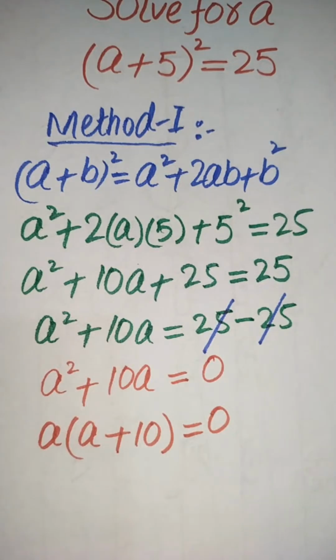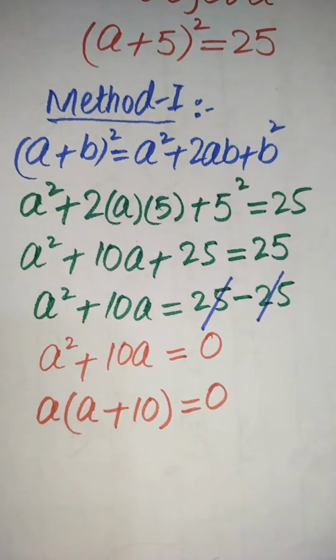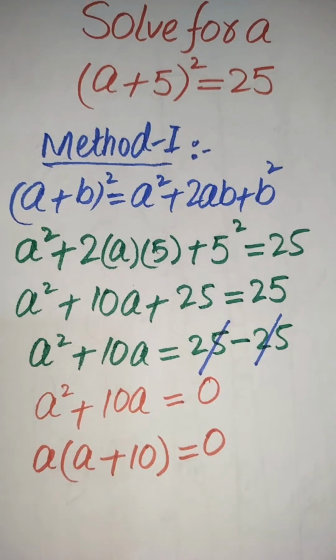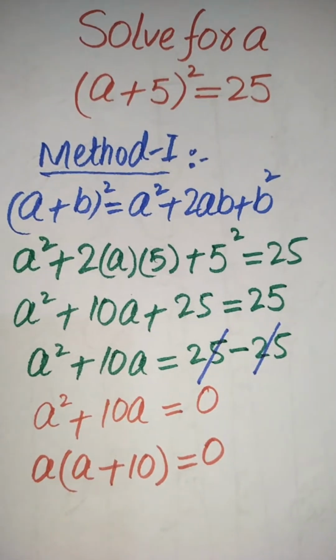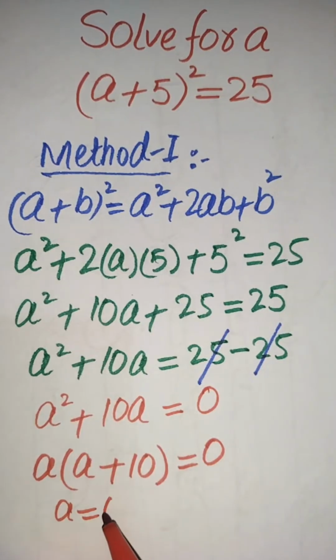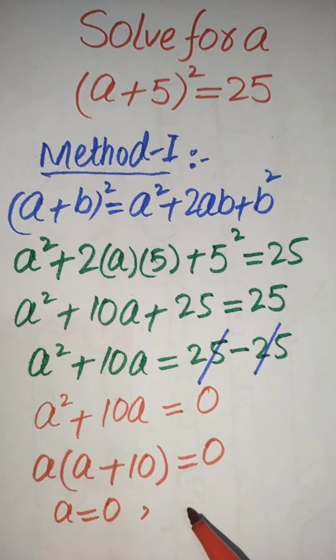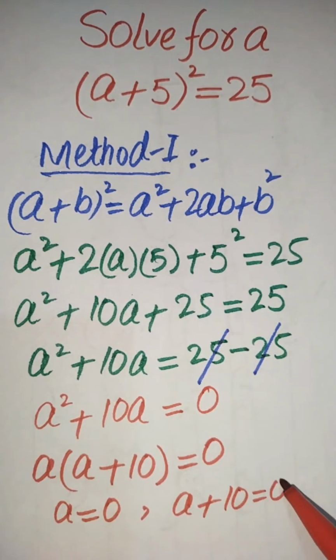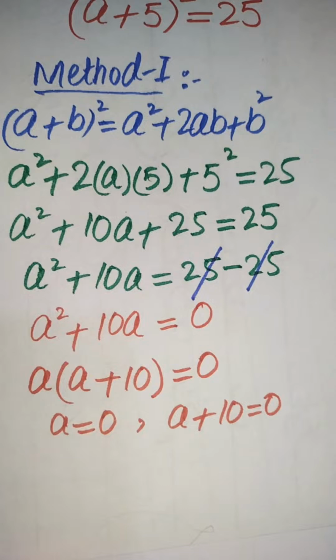In the next step, we divide this equation into two cases. The first case is a is equal to 0, and the second case is a plus 10 is equal to 0.